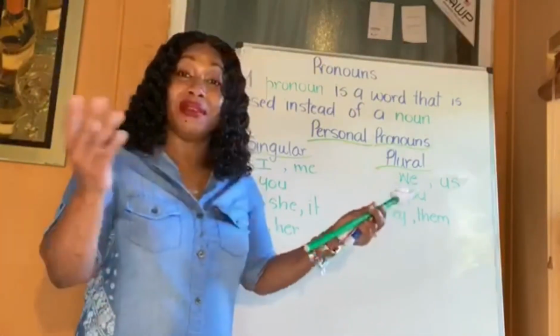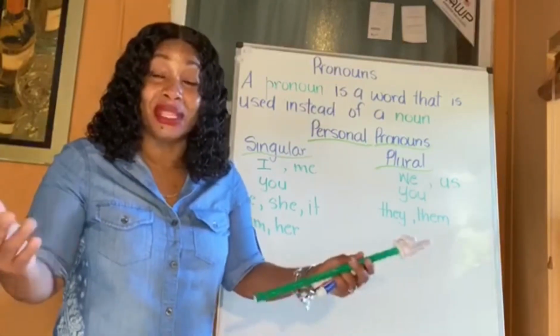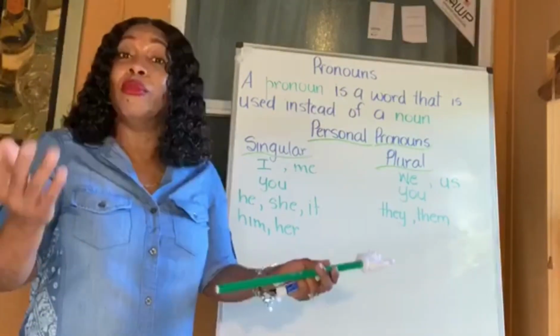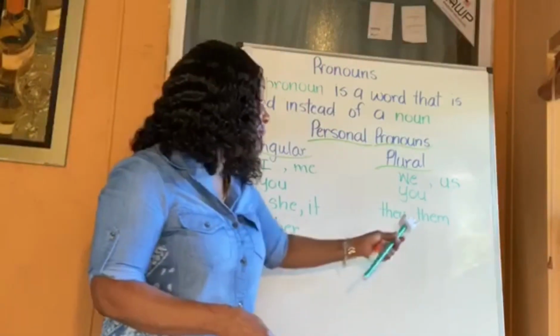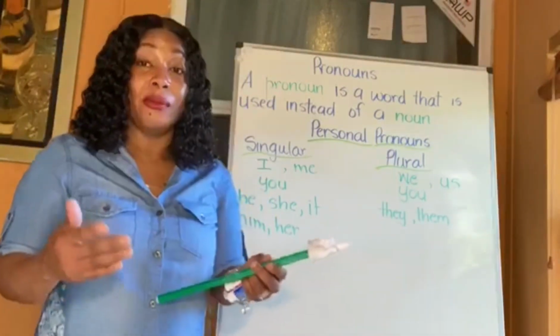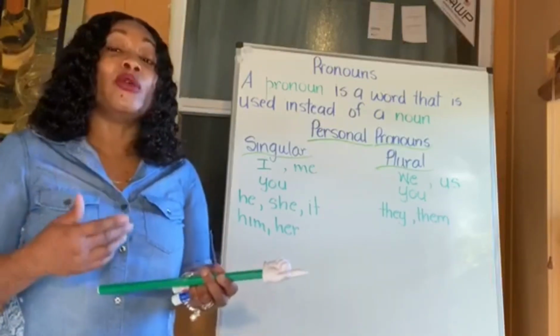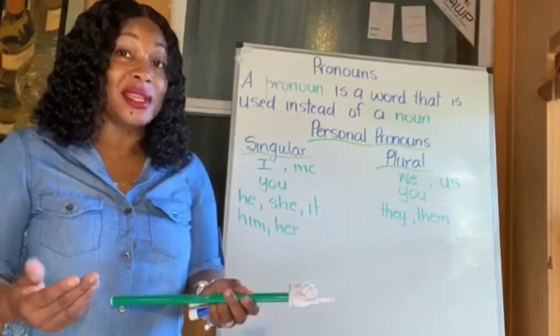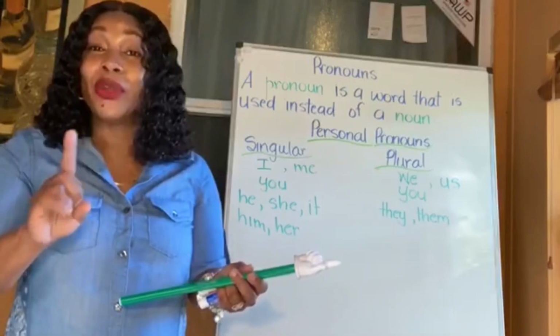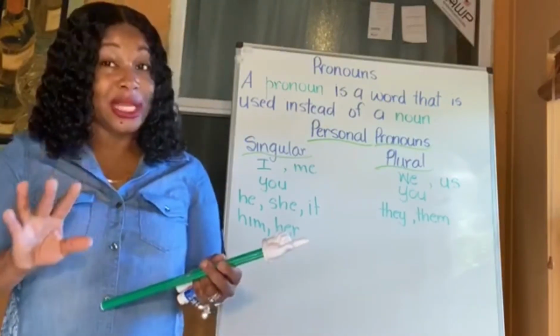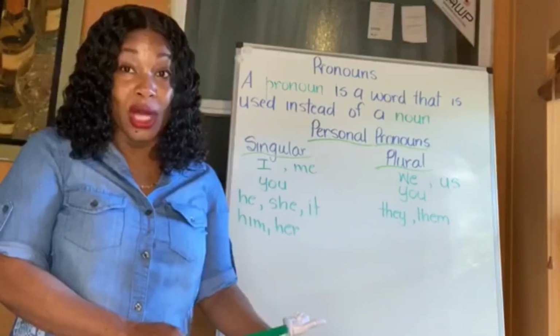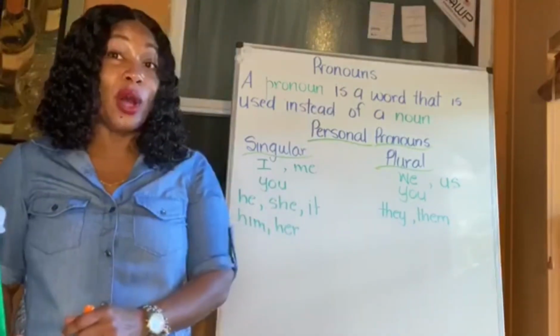It can be boys and girls together, males and females together, or more than one male, more than one female. Likewise, them, more than one male, more than one female, are together. Now remember, some of them are objects, some of them are subjects, but we're not looking at them today. We're just looking at them as meaning one, singular, or more than one, plural.